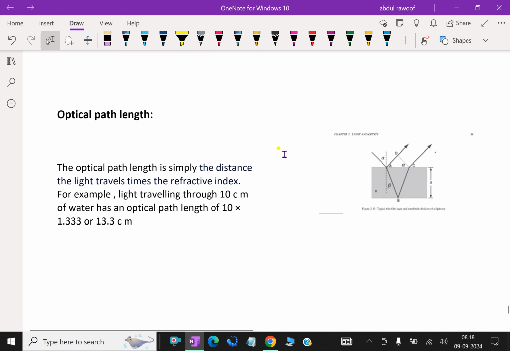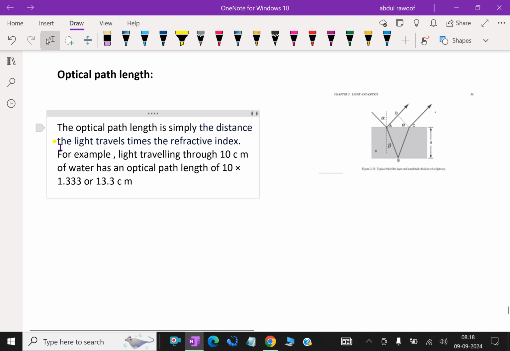Optical path length. What is optical path length? The optical path length is simply the distance the light travels times the refractive index. For example, light traveling through 10 centimeter of water has an optical path length of 10 times 1.33.